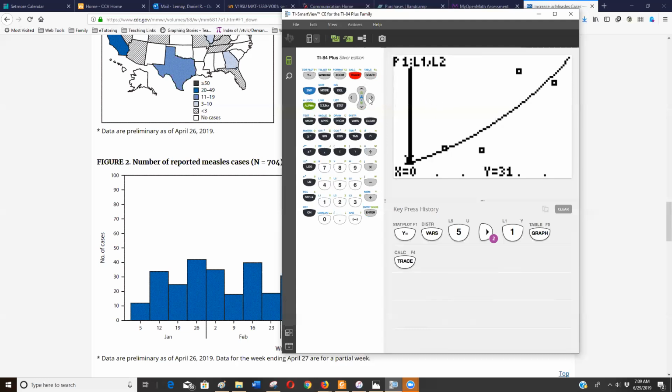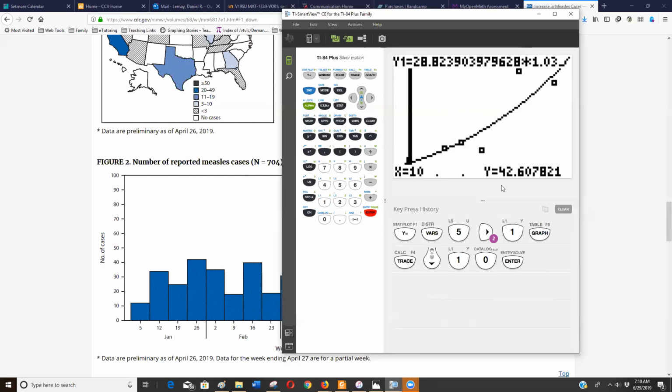You're on your scatter plot. We want to be on the line. So when I press the down arrow, see how now it's Y1? That's my regression equation. I can use left, right if I want. If I want to do 10 days in, I'm just going to type 10 and enter. And so using this model, there were about 43 cases.